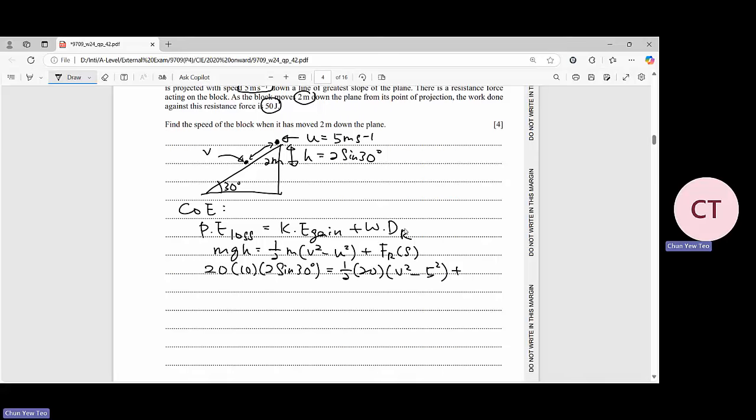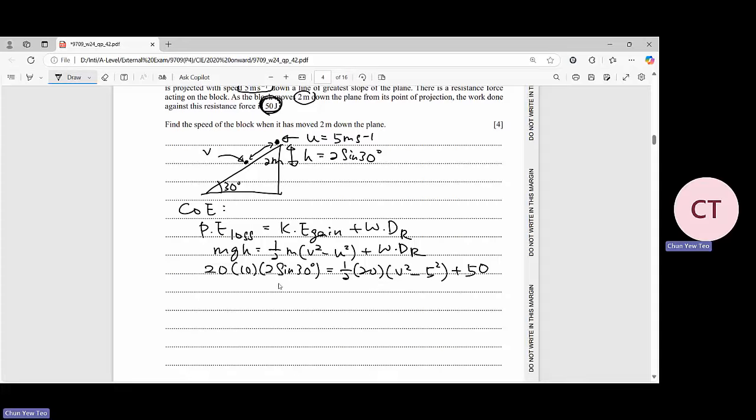Then the question mentioned that the work done by the resistance is 50 joule, so there's no need for you to write F times s. We can just straight away keep this as the work done by the resistance, and as the value given in the question is 50 joule, we just write 50.